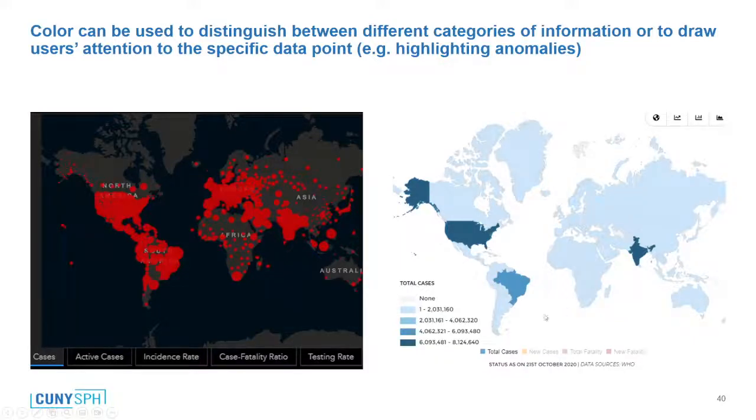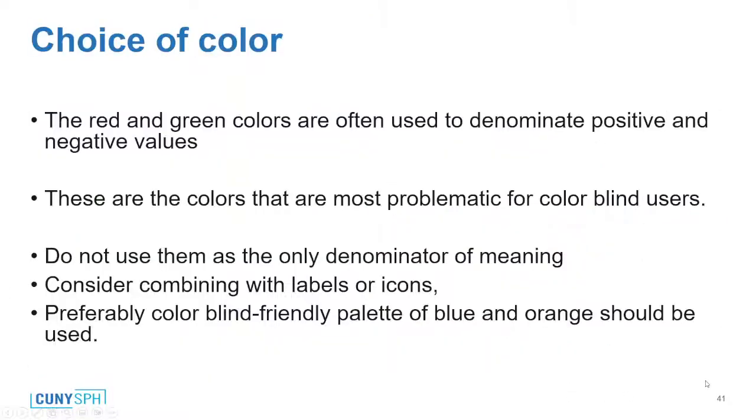And maybe a better representation could be something like we have on the right, where we have the cases and the color is conveying the information about the density in the different countries, and we have presented this in the general rules of visualization.